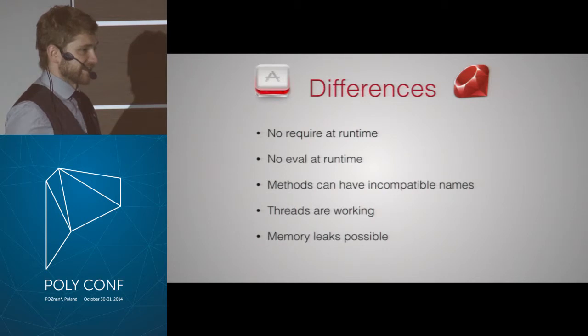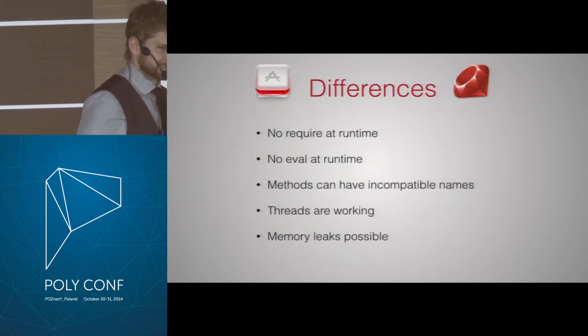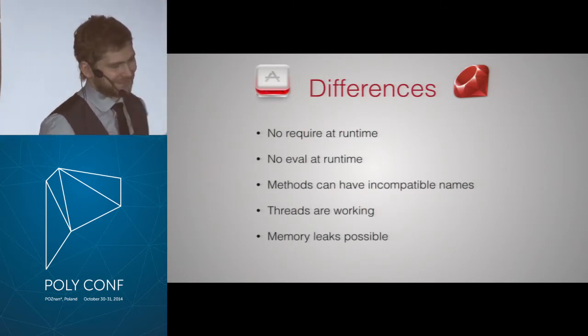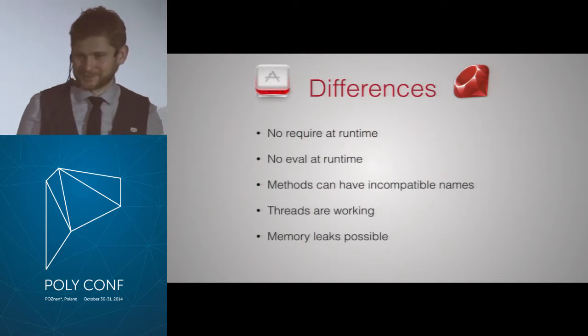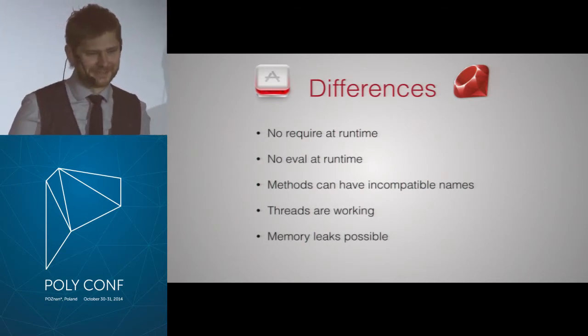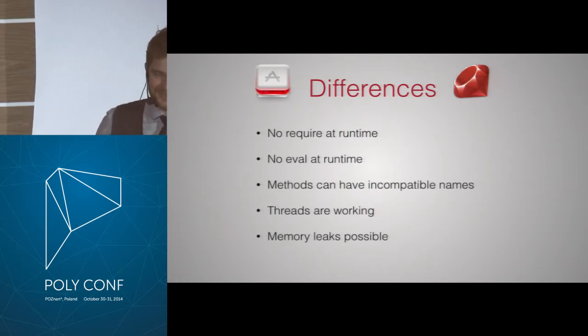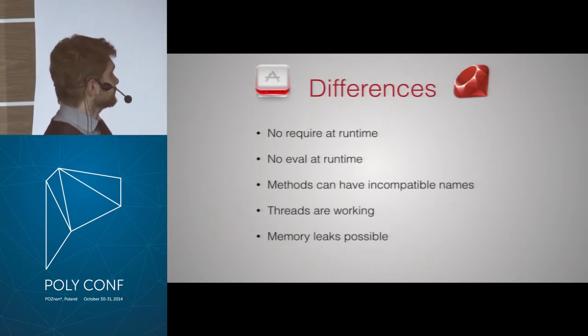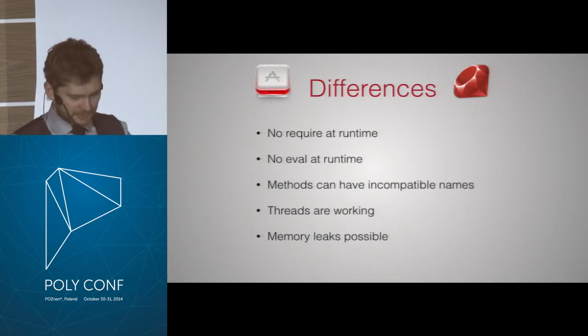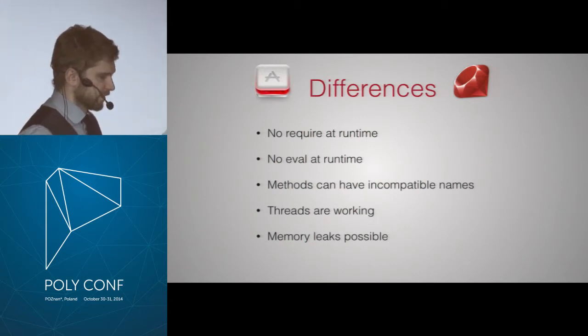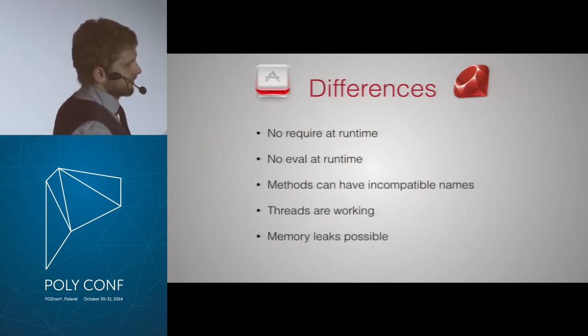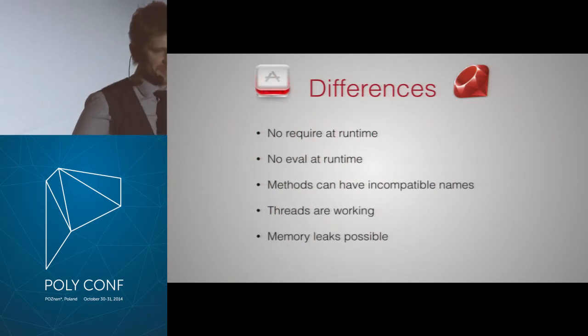The other difference is that threads are actually working. This is a good thing, but it can lead to unpredictable bugs if you had an application that you thought was thread safe, but it's not. And memory leaks are possible because Objective-C and RubyMotion use reference counting.